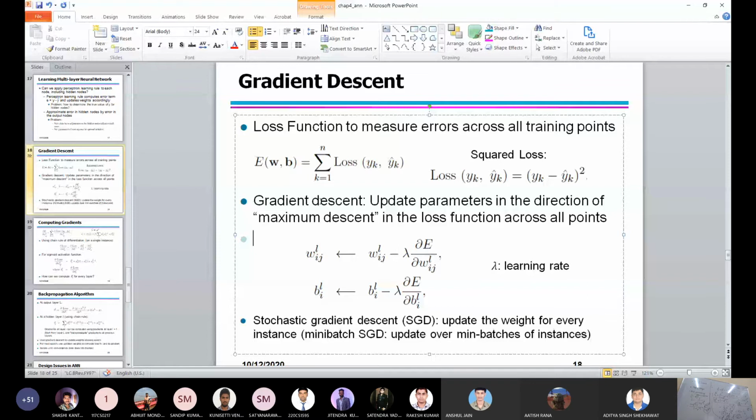Yeah, go ahead, question. So here the E notation refers to the loss, right? Yes. In this context, are you considering only one instance? Only one instance.